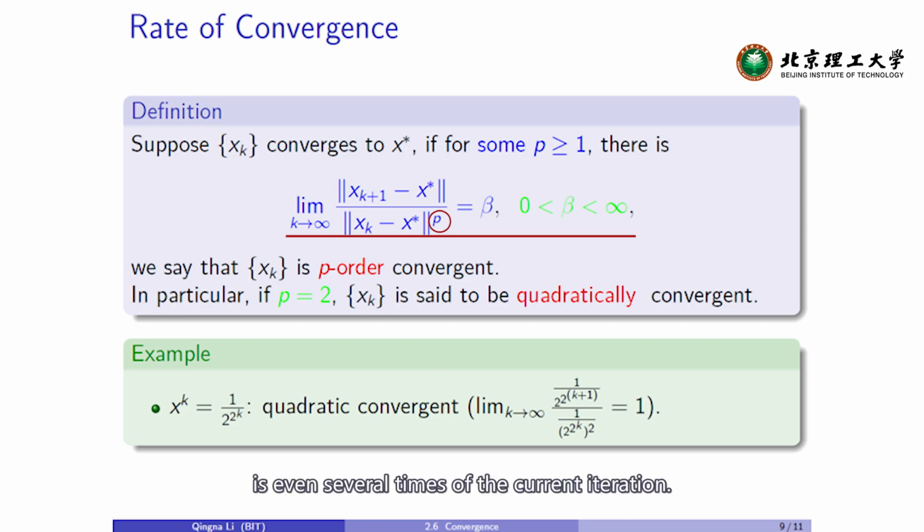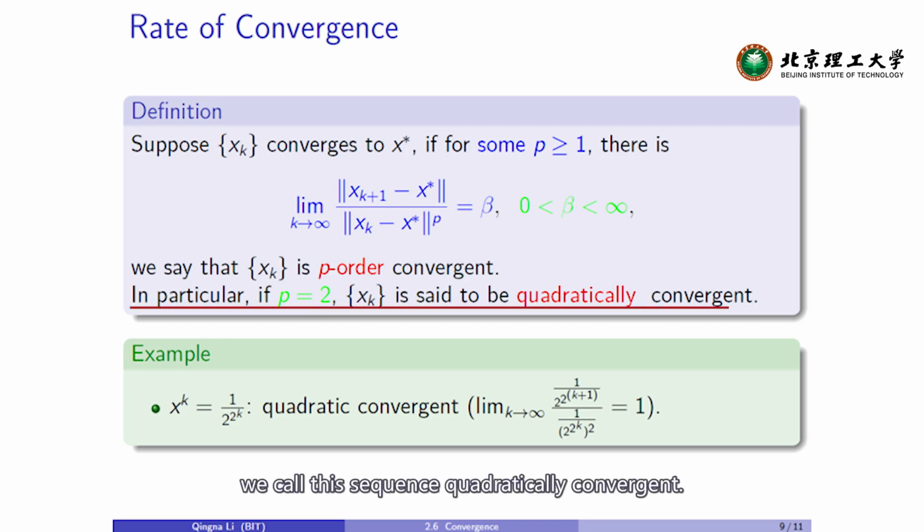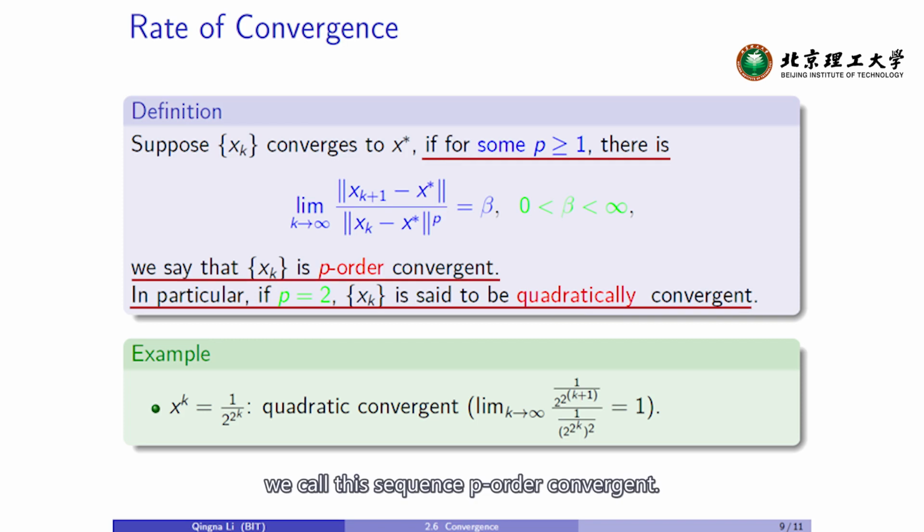It's even several times of the current iteration. We define the limit of this ratio as beta. For p equals 2, we call this sequence quadratically convergent. For any p greater than or equal to 1, we call this sequence p-order convergent.